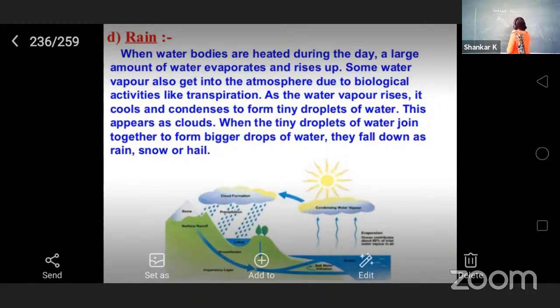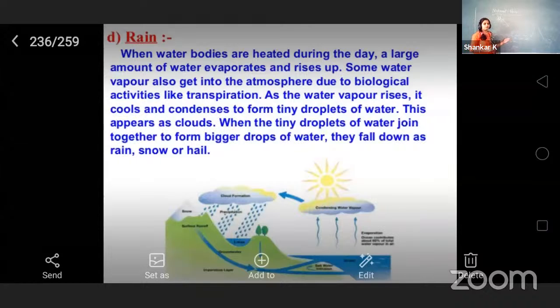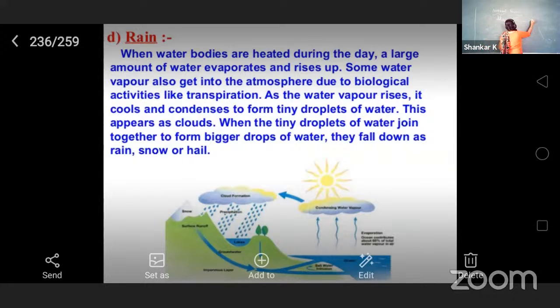The water evaporates in the daytime due to the heat of the sun. As the water vapor rises, it cools and condenses into tiny droplets of water. These tiny droplets appear as a cloud in the sky. You can see the cloud.